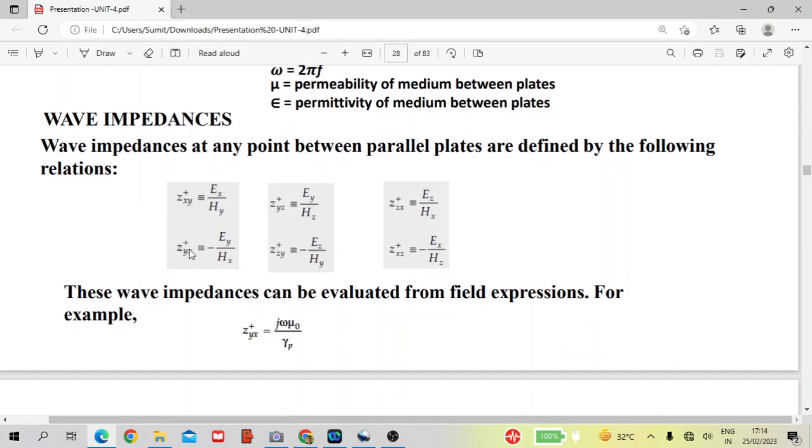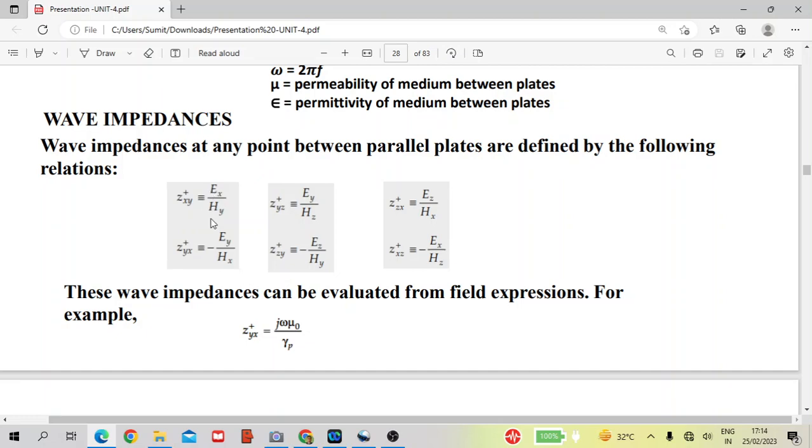Wave impedance, this is the wave impedance at any point between parallel plates, is defined by, you can see this one, Zxy, that is Ex by Hy, for a wave propagating in this plane.